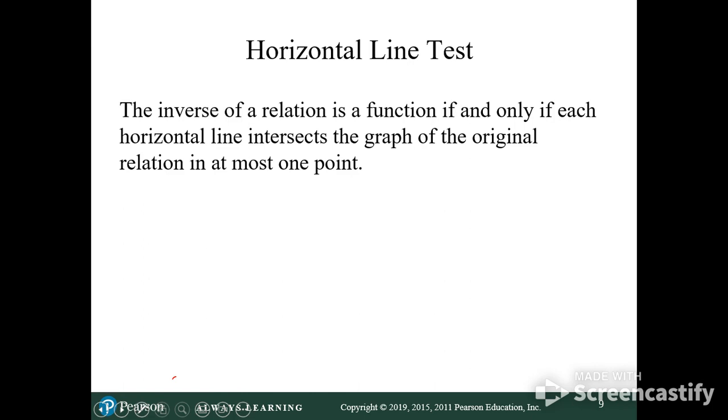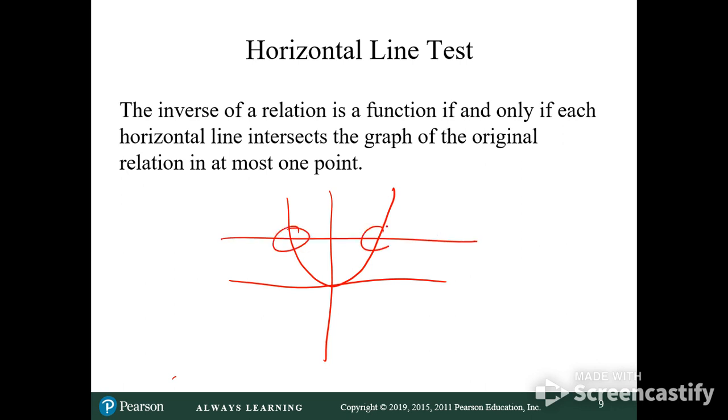So to figure out if a function has an inverse through its whole domain, whether it's a one-to-one function, we use what's called the horizontal line test. If we have a horizontal line and it hits the graph twice, it is not one-to-one.